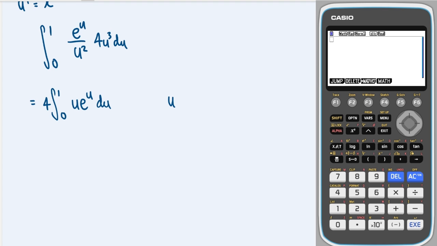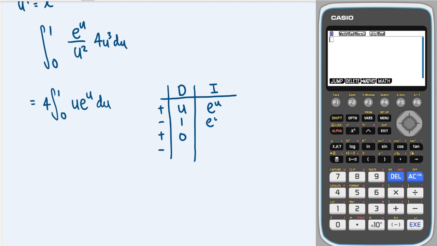So I'm going to use the DI method here for integration by parts, because it's just so efficient. u here, e to the u here, differentiate that gives you 1, 0, integrate that gives you the same thing. So the answer is just that times that, and that times that, and then we also integrate the final row, but that's just 0, so we can forget about it.